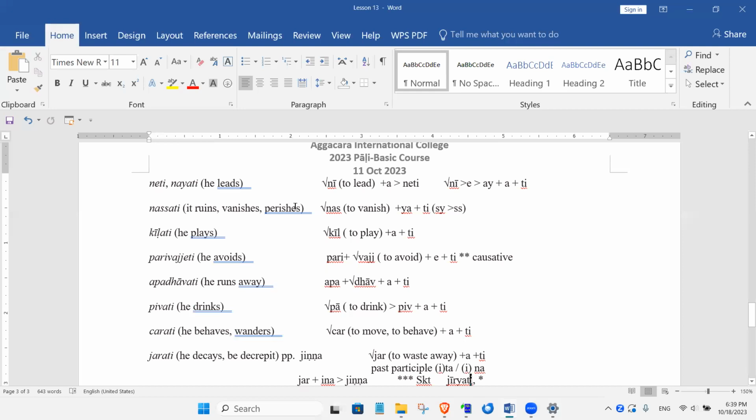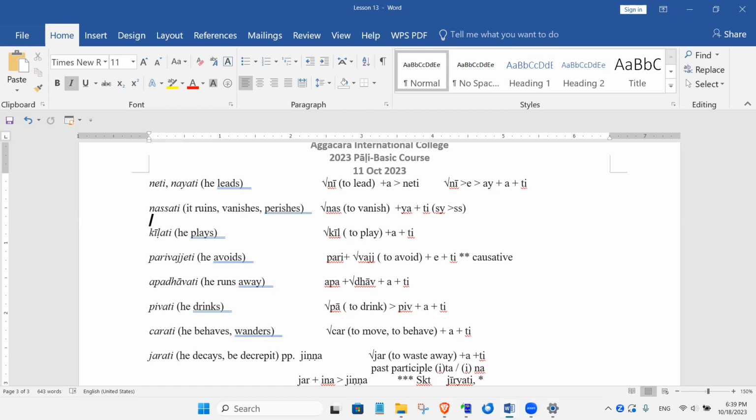Nasati: ruins, vanishes, perishes. Nas plus a plus t. Then here s and y become ss. So you got nasati. So all these are vocabulary. When you do the homework, you will see all this.